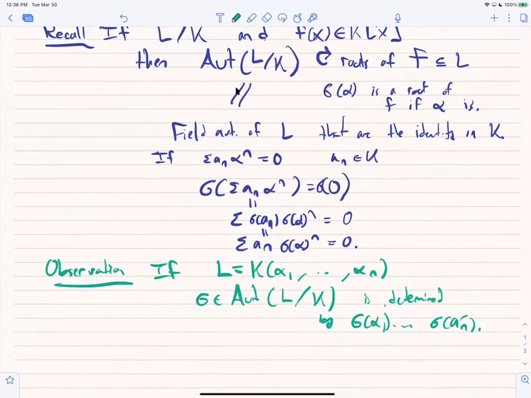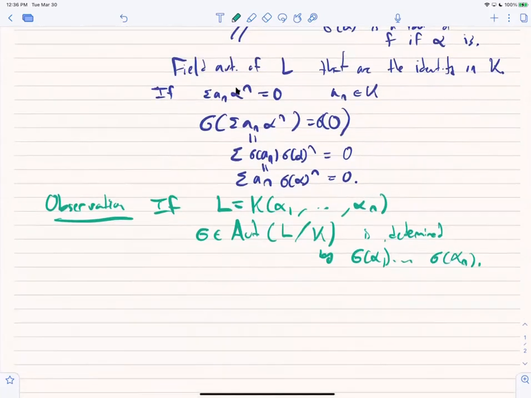This is essentially a thought experiment, but grammatically it sounds true at least, and you can check from the actual definition that this is true. So it's determined by this.